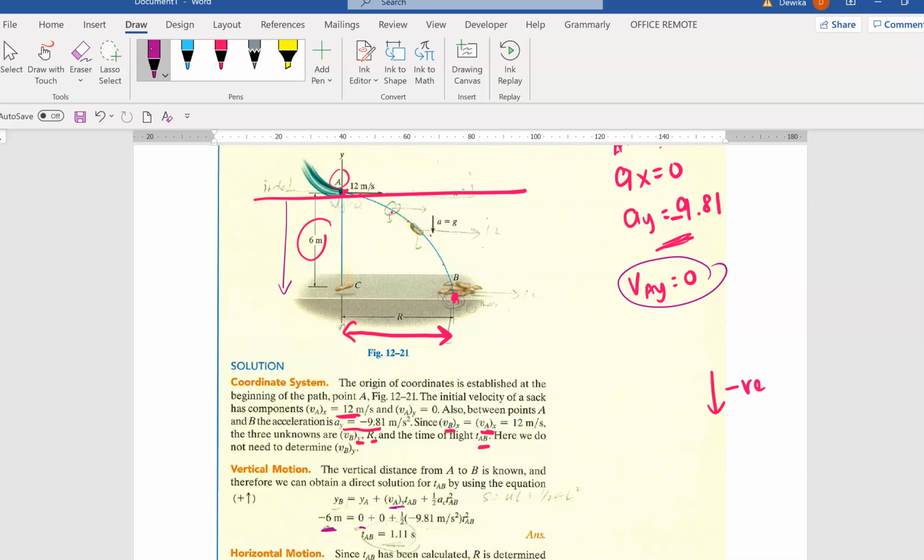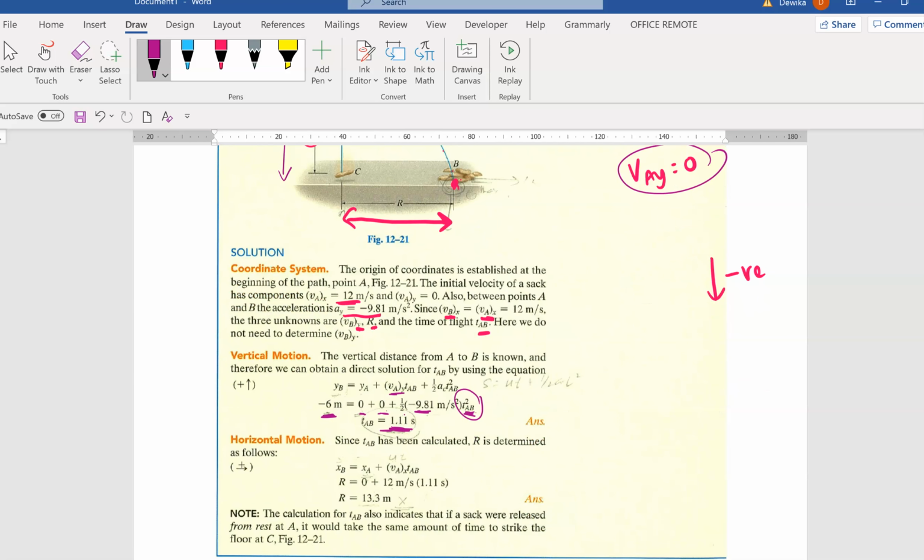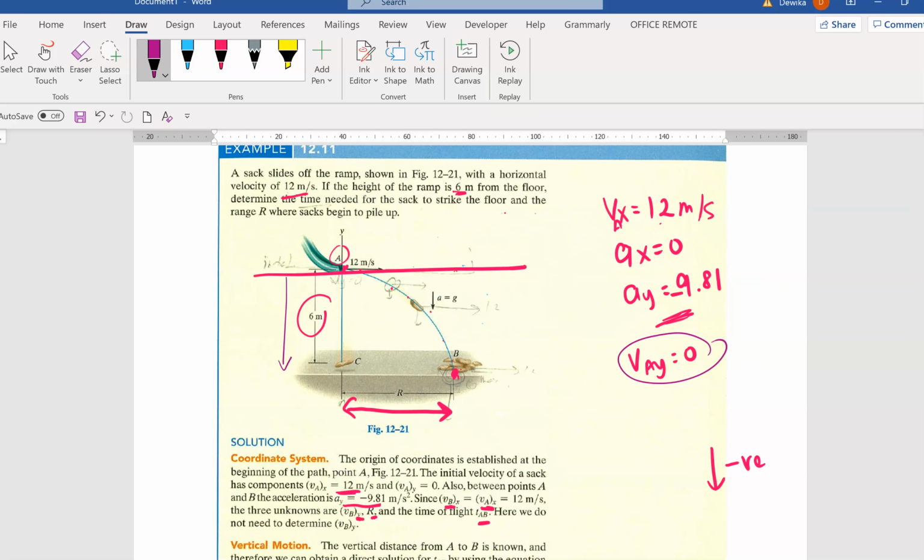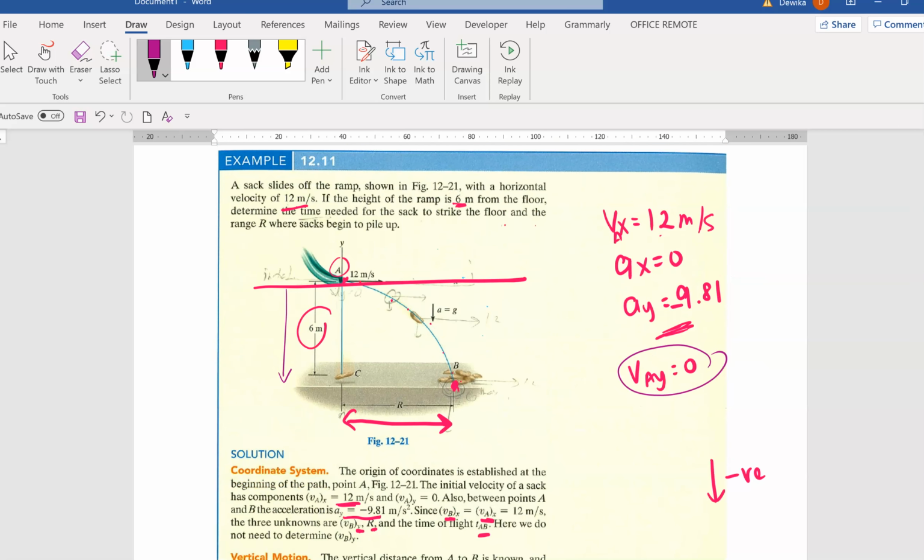So put the value inside there, 0, and then we have half, we have the gravity, and then we have the time, time that we need to look for. Okay, so this will give you the time as 1.11. So with that time of 1.11, we have solved which part? They are actually asking for time, right? Okay, so we have solved for time, so done.